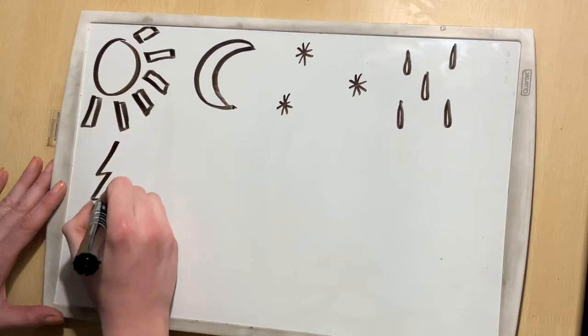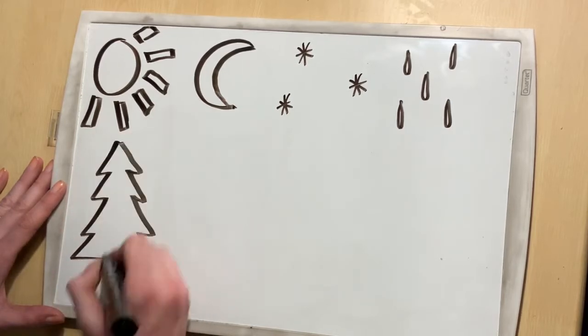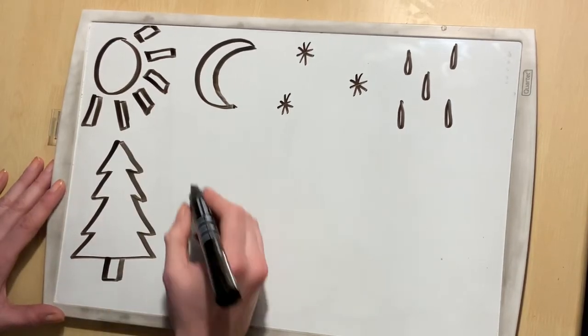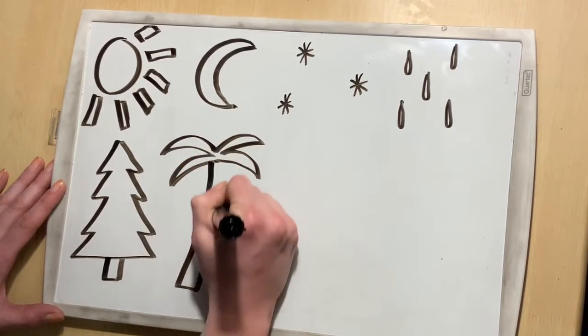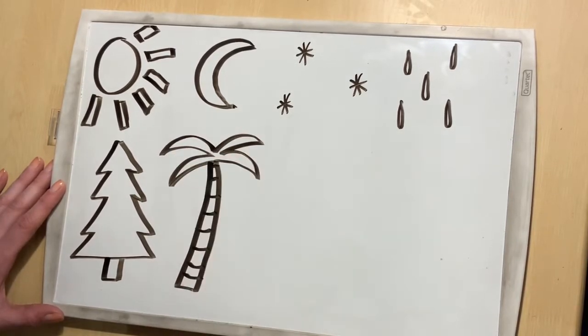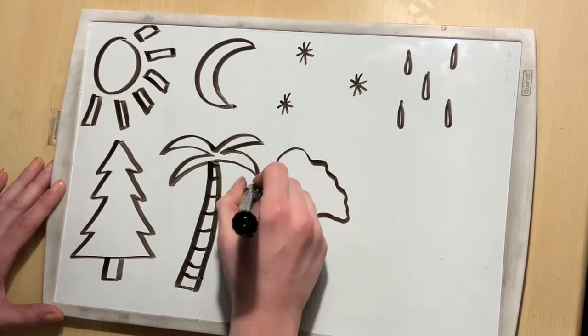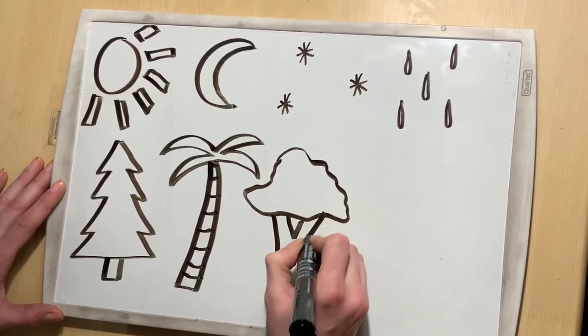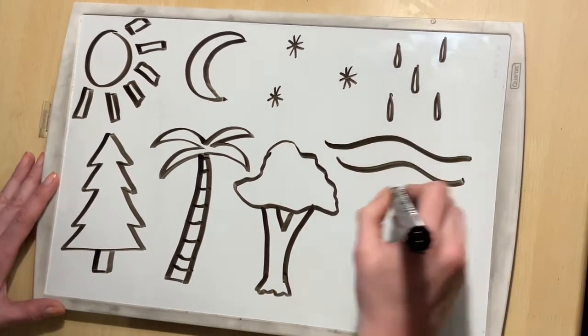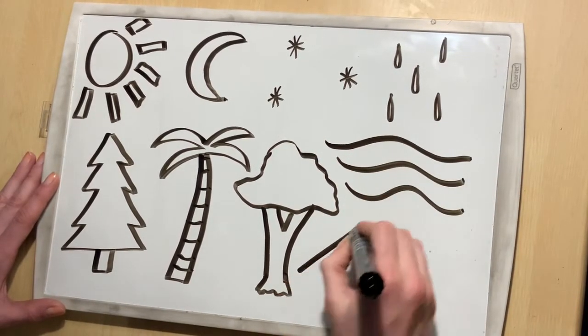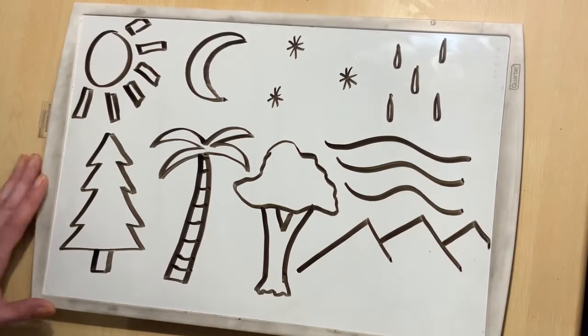Drawing plants and trees and maybe buildings will help show what the setting of your story is too. If your setting is outside, you could also draw a river or a lake, any type of water, or even mountains. The clothing that your characters wear will also help tell the setting or time of your story.